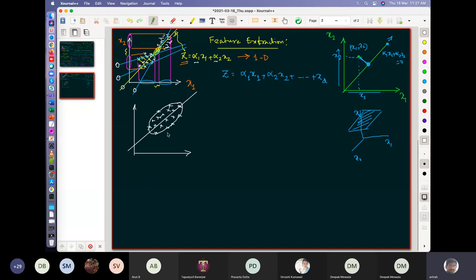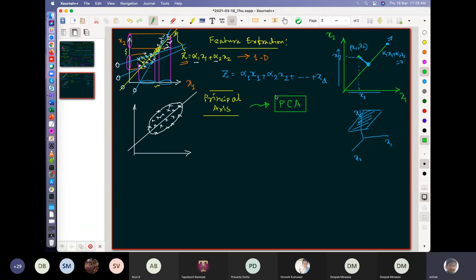That will give me better divergence, or distribution, of the data if I project it there. So I need to find the principal axis of the distributed data points. This leads to the algorithm of feature extraction called principal component analysis.